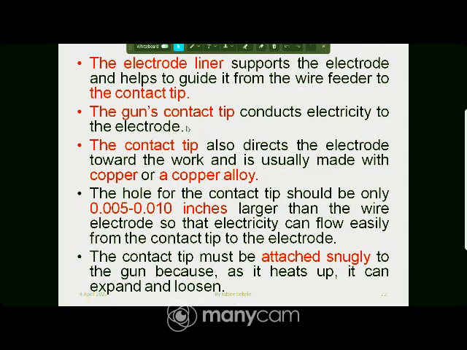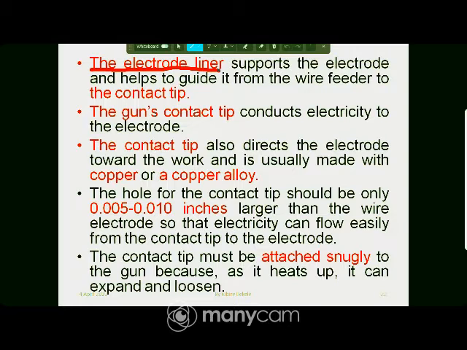So this is the welding gun. Then there is the electrode liner, another piece of equipment of gas metal arc welding. The electrode liner supports the electrode and helps to guide it from the wire feeder to the contact tip.